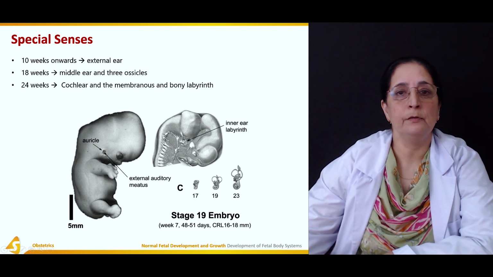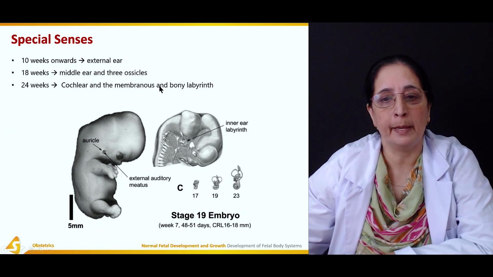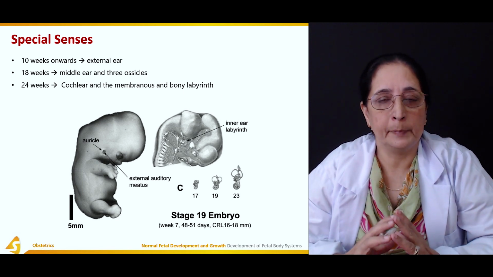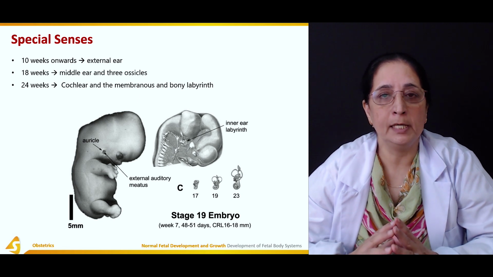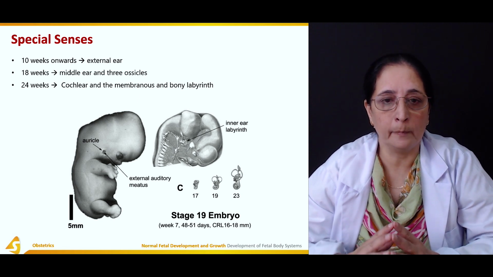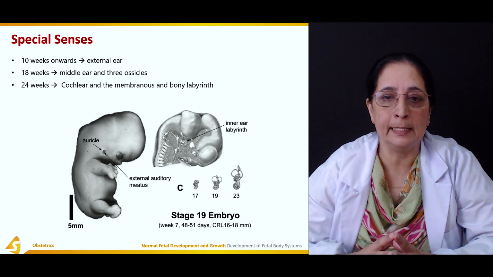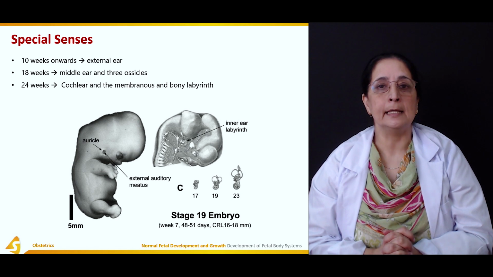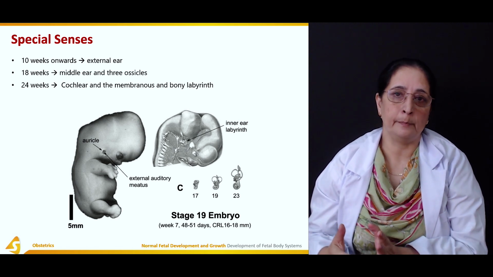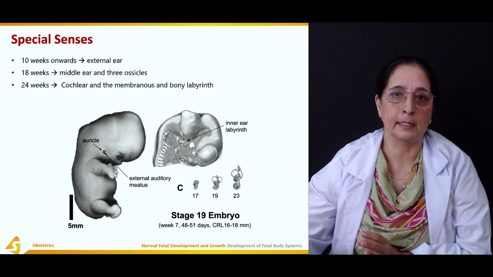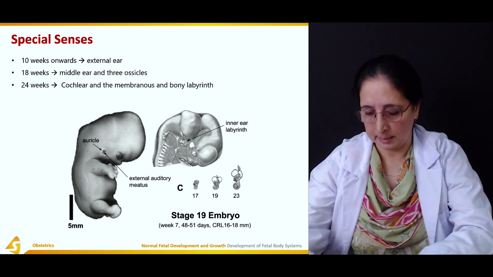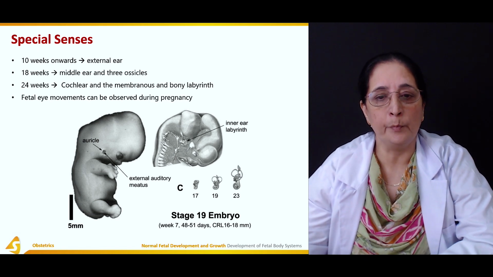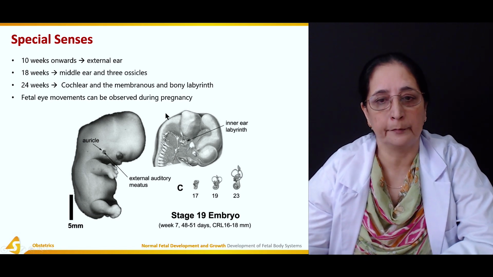At about 24 weeks, the cochlea and the membranous and bony labyrinth are formed. So roughly at about the end of the second trimester, there is development of special senses. Fetal eye movements can be observed during pregnancy.